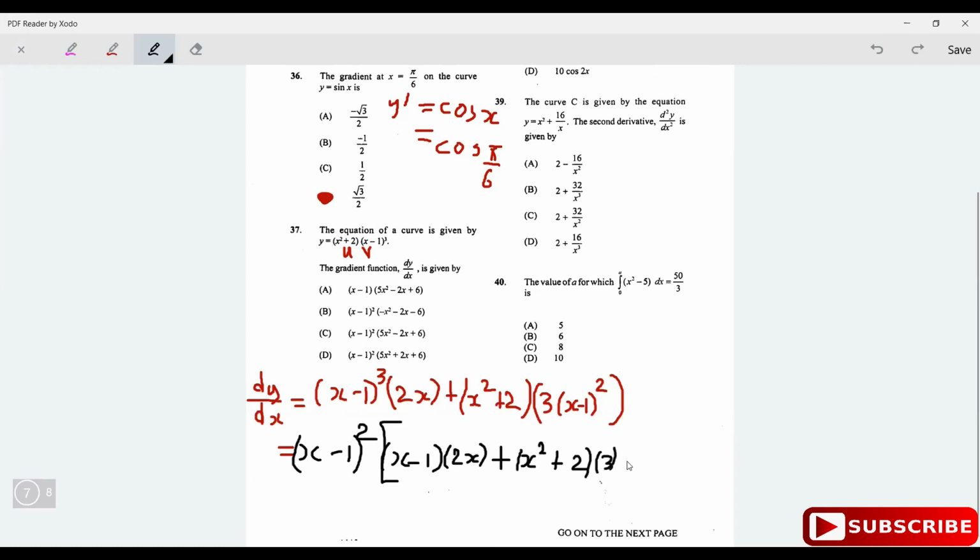And so what we're getting is dy by dx is equal to (x minus 1) squared times, now in here, x times 2x is 2x squared. 2x times minus 1 is minus 2x. 3 times x squared is 3x squared.